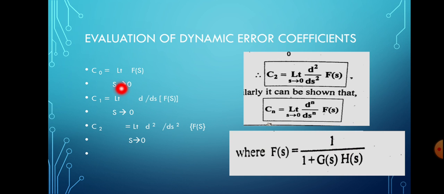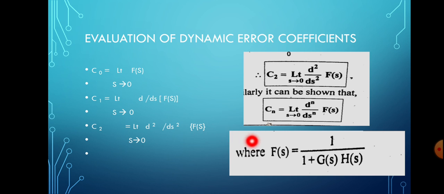The first dynamic error coefficient C0 is obtained by applying the limit s tends to 0 to f of s. Similarly, C1 is obtained by limit s tends to 0 of d by ds of f of s. C2 will be equal to limit s tends to 0 of d square by ds square of f of s.